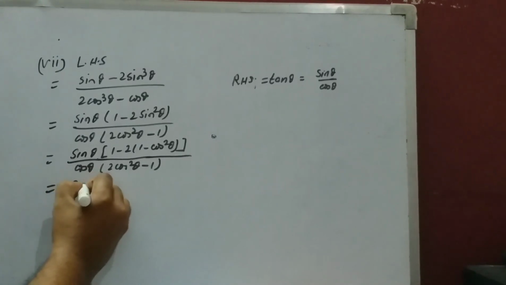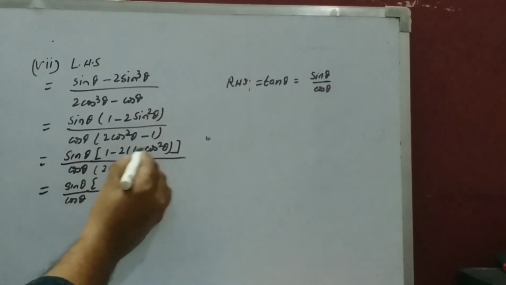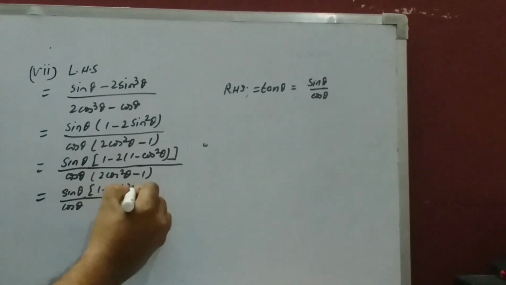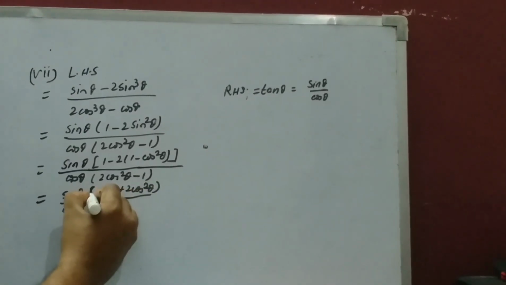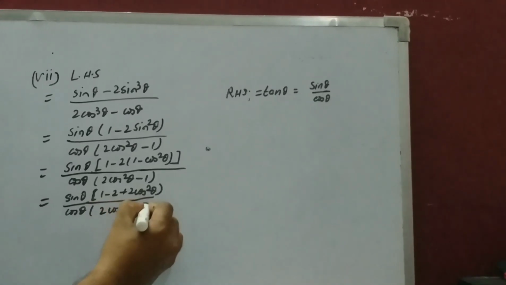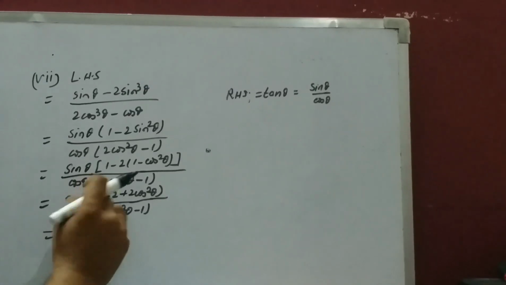And this is sine theta and cos theta, and open the bracket, this bracket, 1 minus 2 plus 2 cos square theta. And now this is the small bracket, 2 cos square theta minus 1.